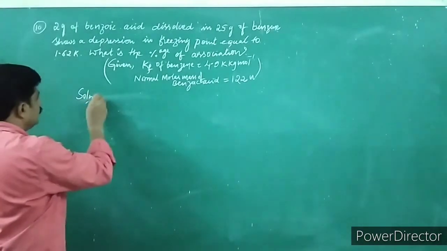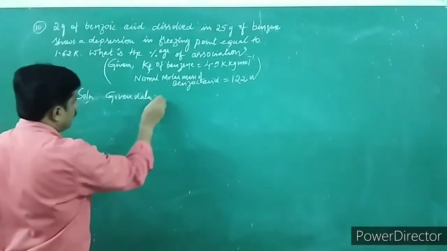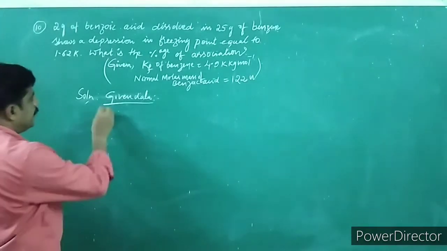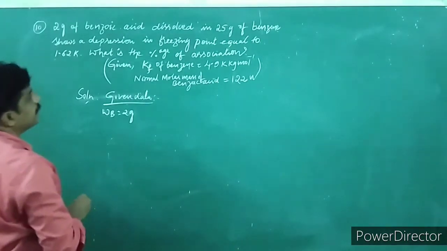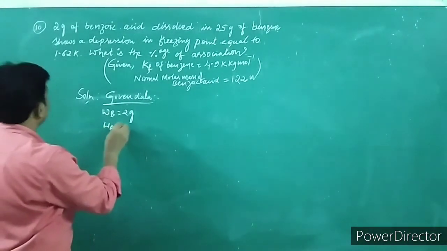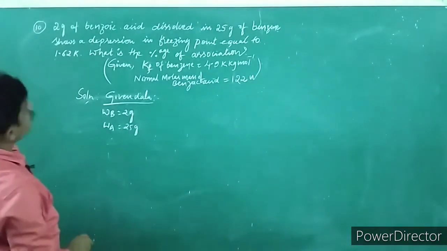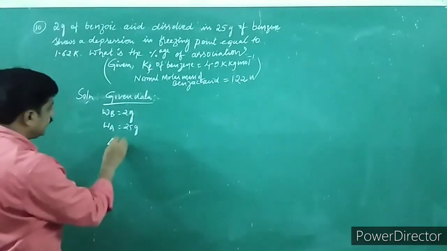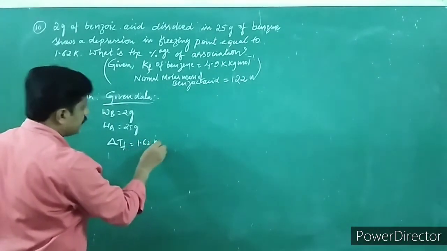Solution. Given data. Children, WB is given, how much? It is 2 grams of benzoic acid. WA is also given, how much? It is 25 grams of benzene. And what else is given? Delta TF is given, depression in freezing point, that is equal to 1.62 Kelvin.